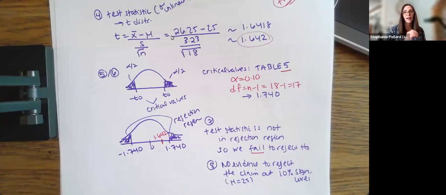So that's where steps 5, 6, 7 really alternate, and the idea of the shading changes from the two different strategies. So I think that's one of the hardest parts, is not mixing up what the shading means in each case. So in the p-value case, the shading represents that p-value or the probability or the area. Whereas in the critical value case, that shading is representing the alpha, and it represents the rejection region. So you have, again, a little bit different ideas in those two sections.